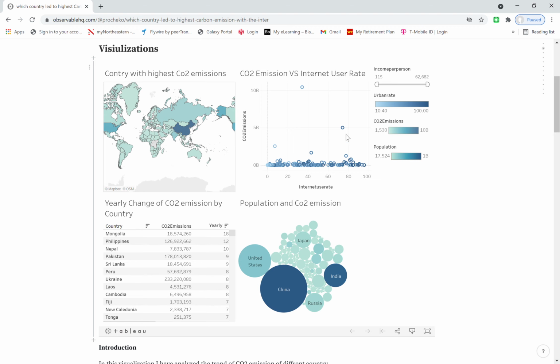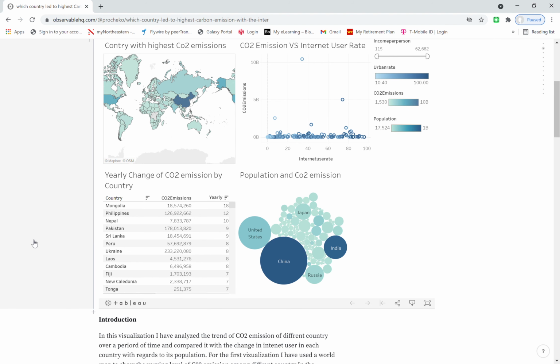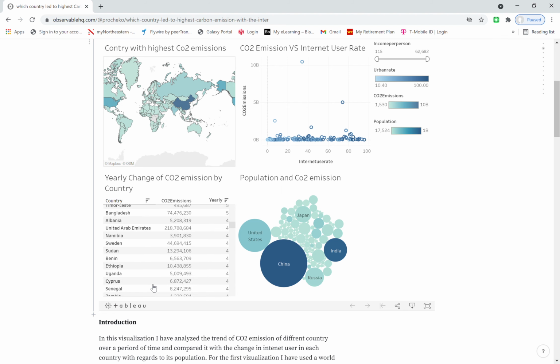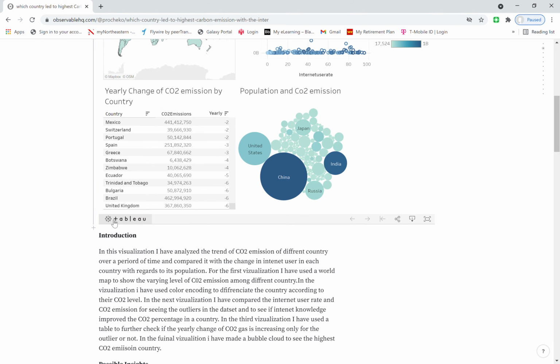The yearly change of CO2 emission has increased in less developed countries, like Mongolia, Philippines, Nepal, Pakistan, Sri Lanka, etc. While if we go all the way down, we can see developed countries and nations are moving away from CO2 emission as internet user rate is going up.